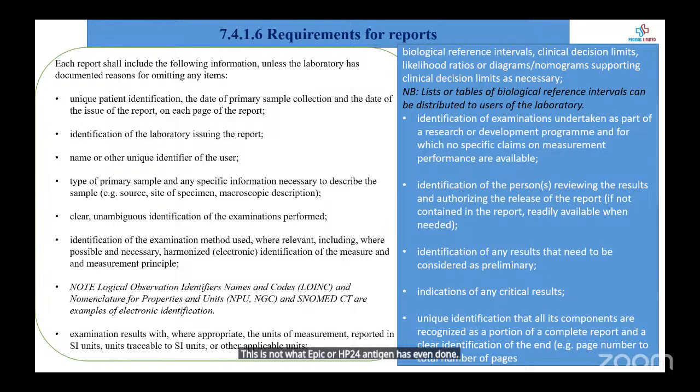Are we communicating? Examination result where appropriate, the unit of measurement reported in SI units, units traceable to SI units, or other applicable units. If it's a test that has an SI unit, you have to put the SI unit and put the appropriate age and everything to correspond to that. Biological reference and clinical decision limits, likelihood ratios and diagrams, nomograms supporting clinical decisions where necessary.